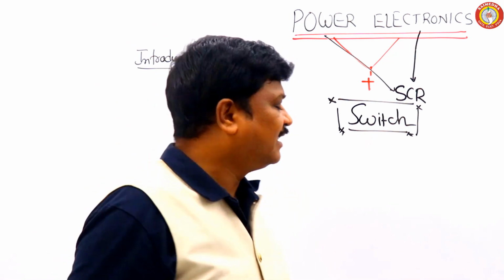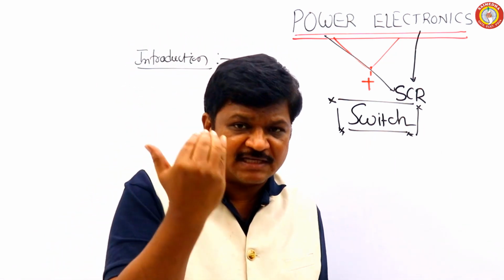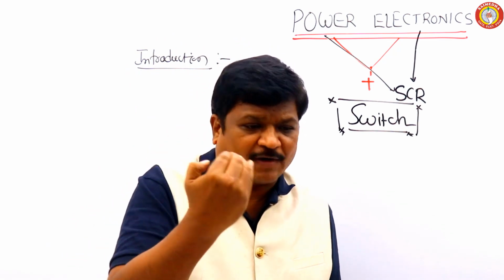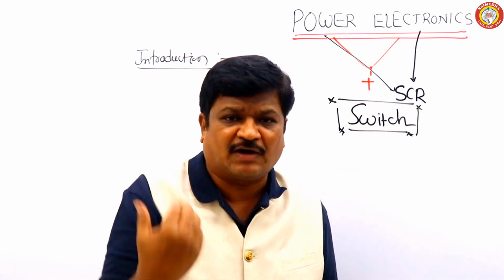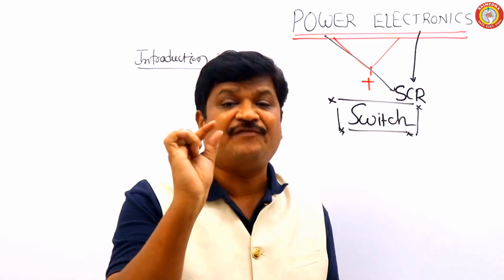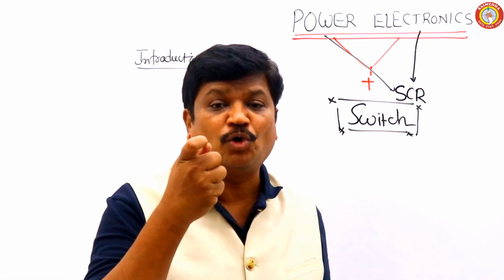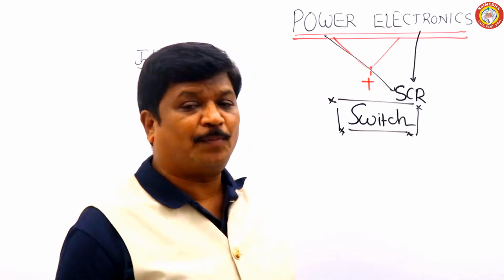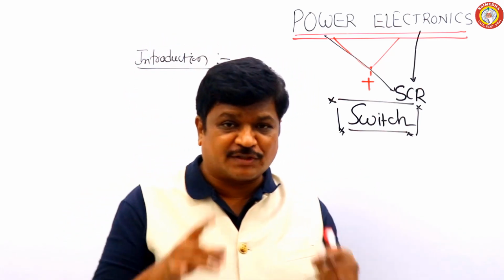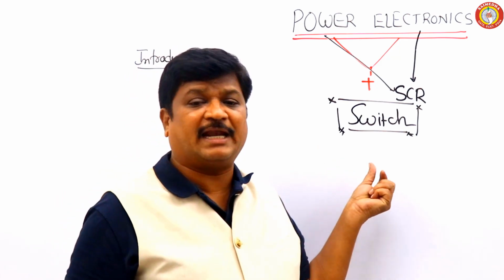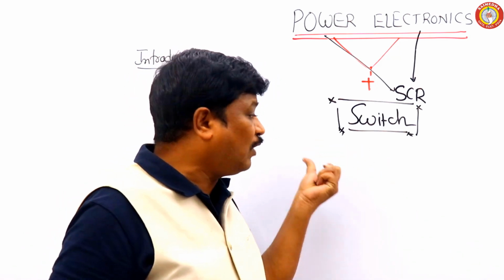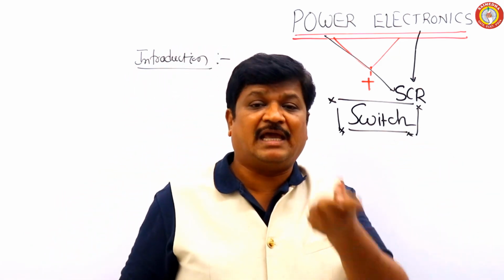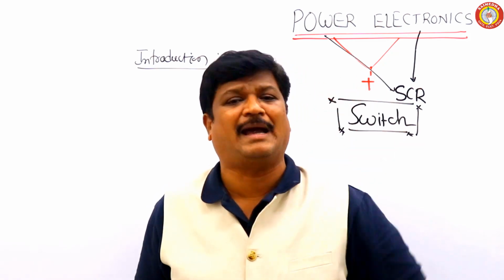It converts electrical energy from one form to another form in an efficient manner and a controlled manner. Power electronics is a topology associated with the conversion of electrical energy from one form to another in an efficient and controllable manner.